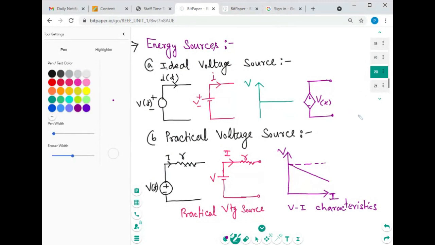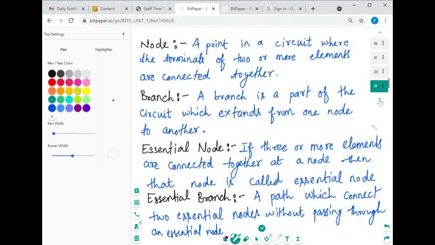Then we saw voltage sources, same as the current sources, but the basic difference is that the representation is different. Same thing we have discussed right here. Then we saw what the different nodes, branches, essential nodes and essential branches are.